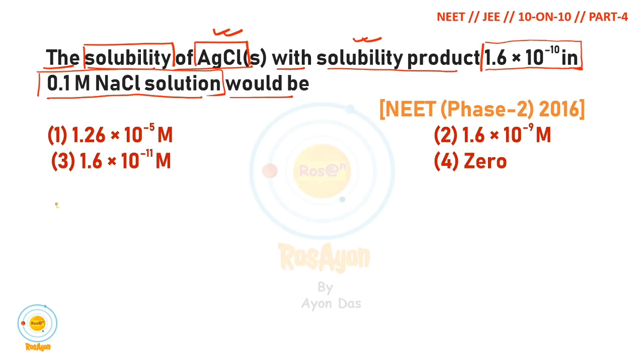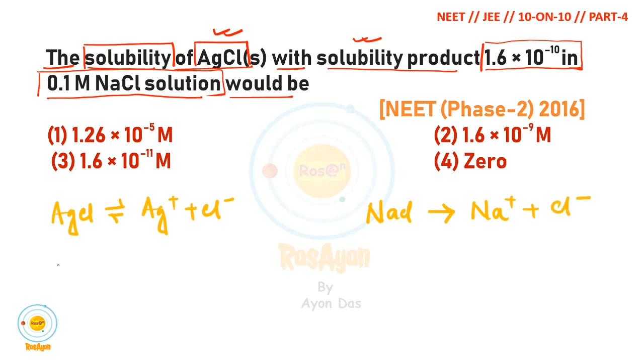Here AgCl is a weak electrolyte, so it dissociates as Ag plus and Cl minus. On the other hand, NaCl is a strong electrolyte, so it completely dissociates into Na plus and Cl minus.